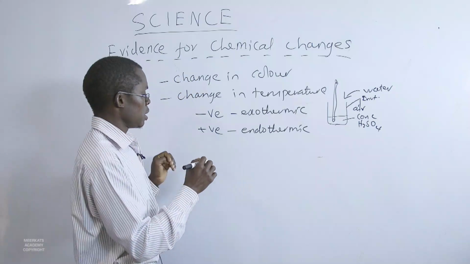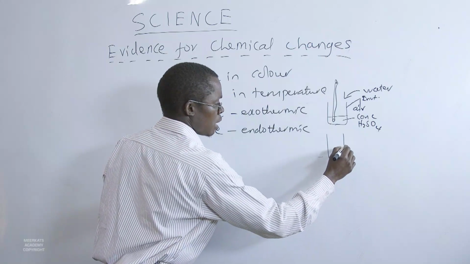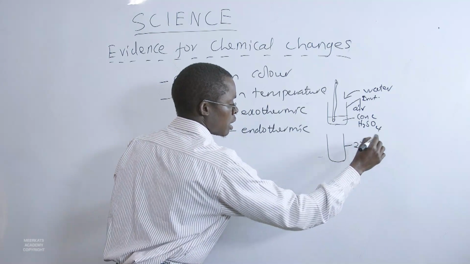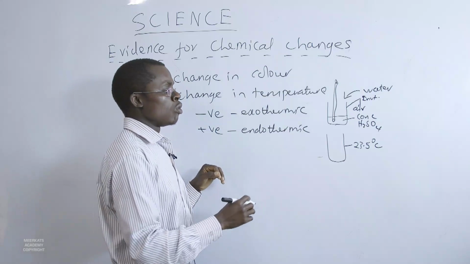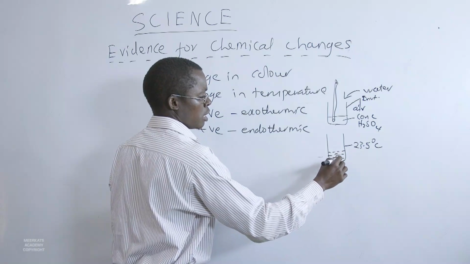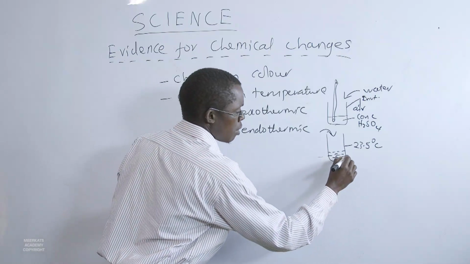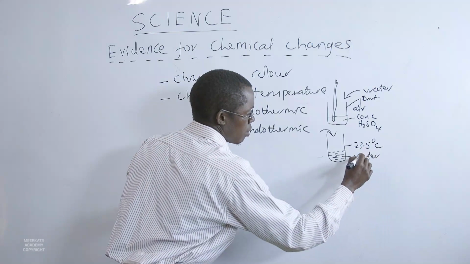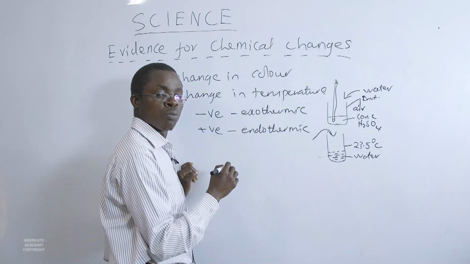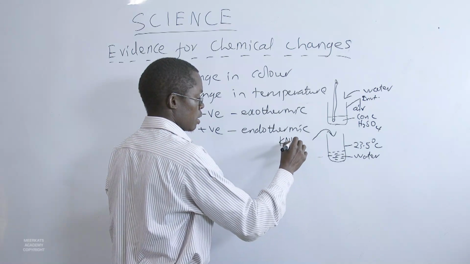So, if this container by the name a beaker was at a temperature of 23.5 degrees centigrade, then you pour in a reagent and add in another one. For example, here I'm having water, and I add there a solid to be dissolved by the name potassium nitrate.